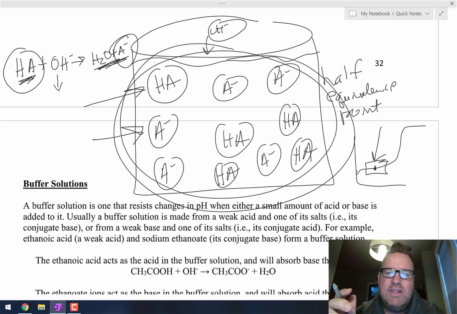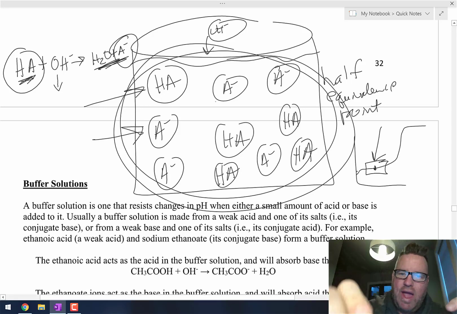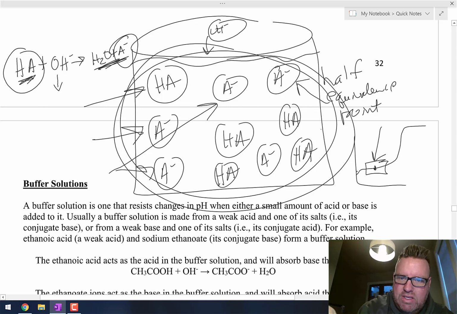So when you add some acid, what's it going to react with? Well, of course, an acid is always going to react with a base. So if I add some acid, it's going to react with these conjugate base particles in here. Or if I add some base, what's the base going to react with? Of course, it's going to react with the acid particles.